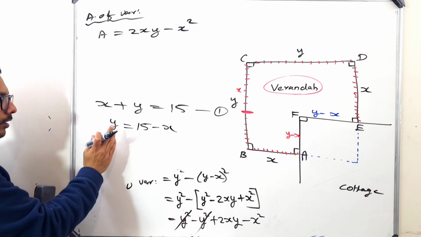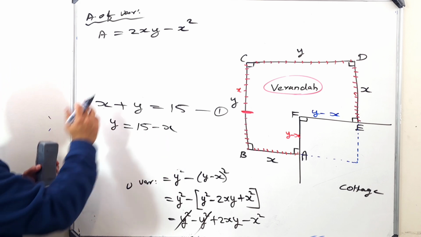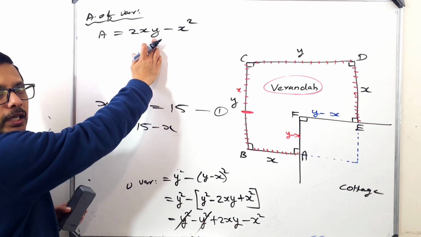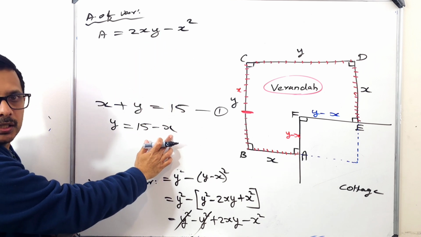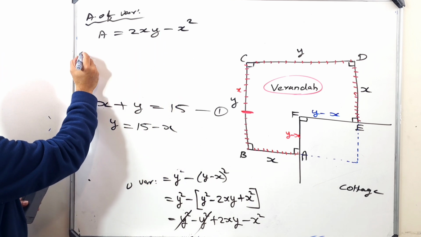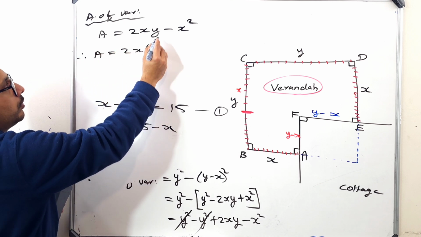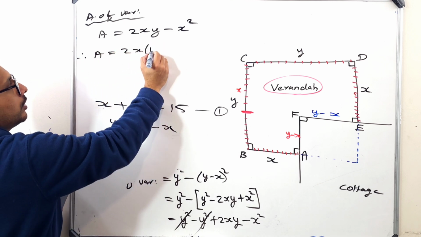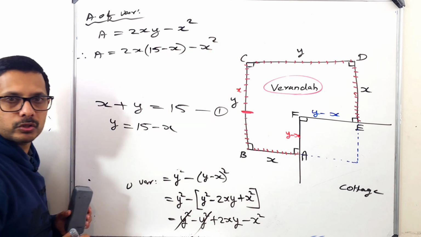So that means we are trying to write the value of y in terms of x. Okay, so here look at this one. Y is here. Instead of that y, we can write 15 minus x. So therefore area A is equal to 2x into, instead of this y I am going to write 15 minus x, minus x square.